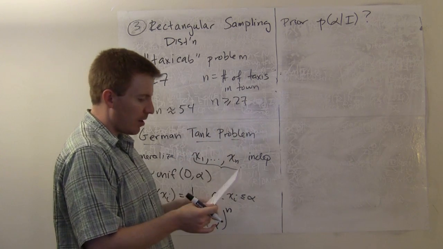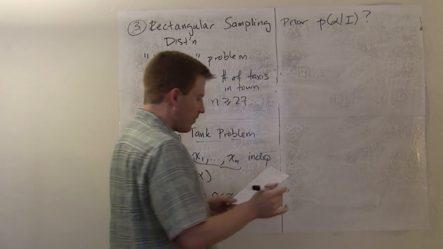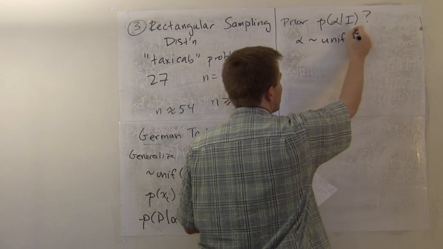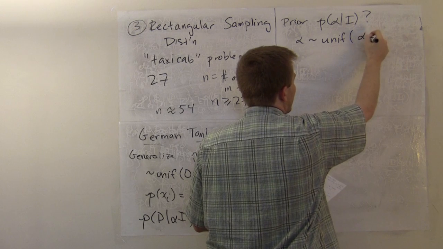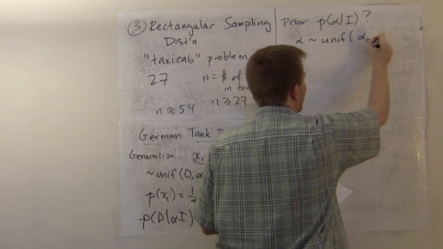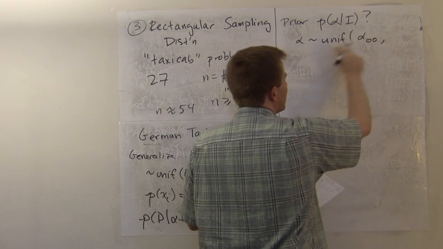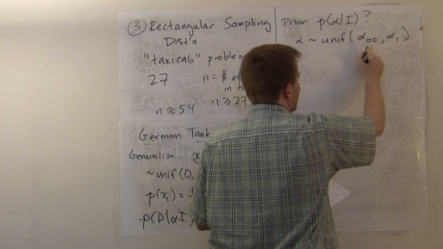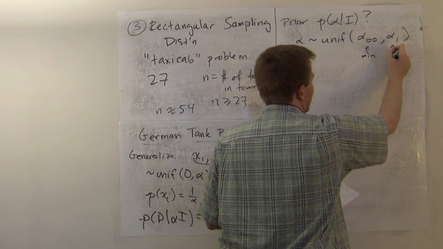So we'll assume that we are kind of ignorant of alpha to the degree that alpha has a uniform distribution between two numbers, which we'll call alpha 0,0 and alpha 1. Okay, the 0,0, we'll see why in a minute. So some maximum number and some minimum number.